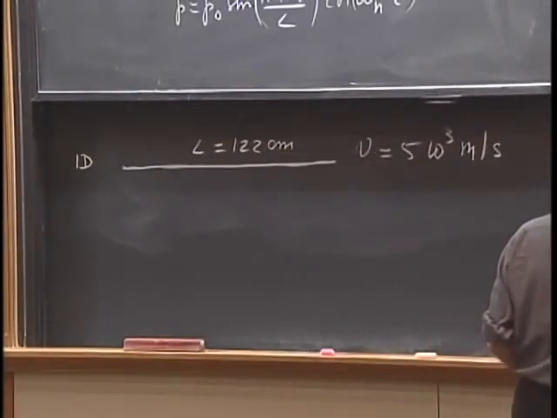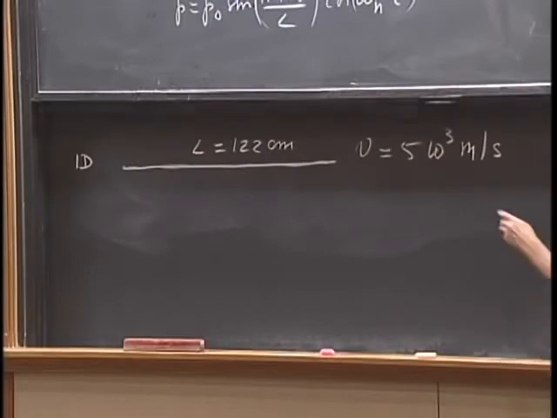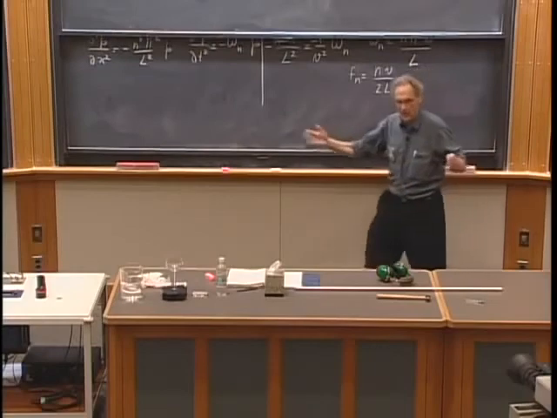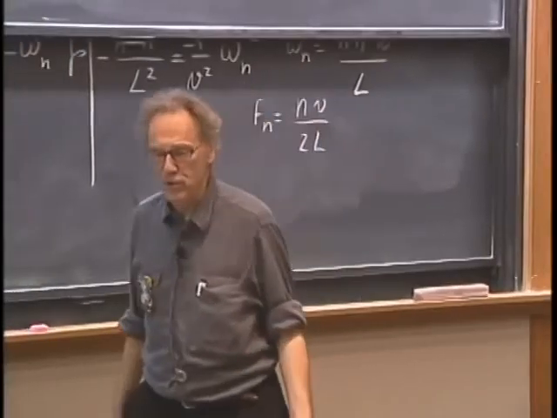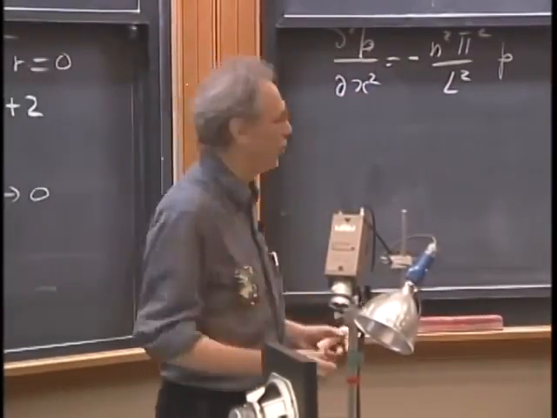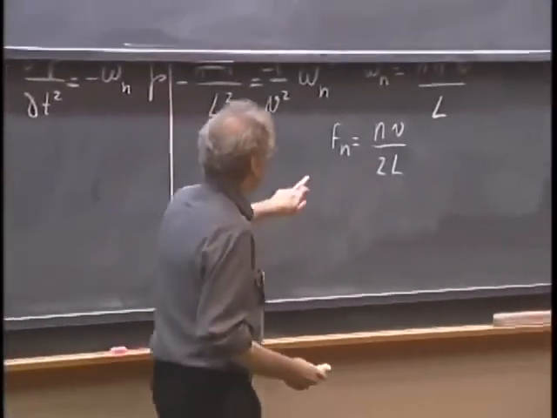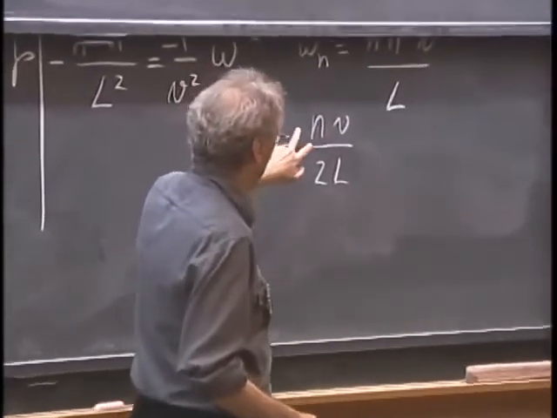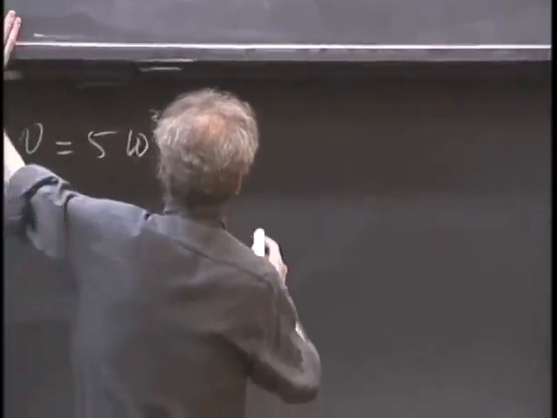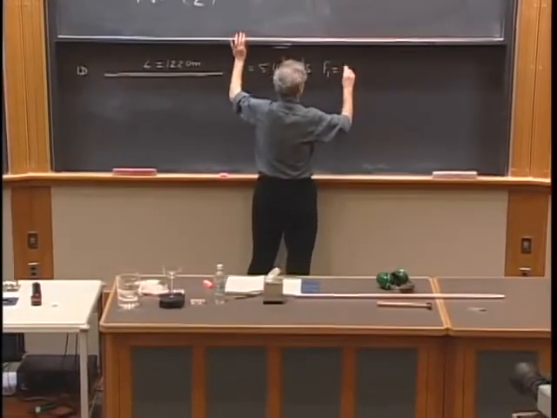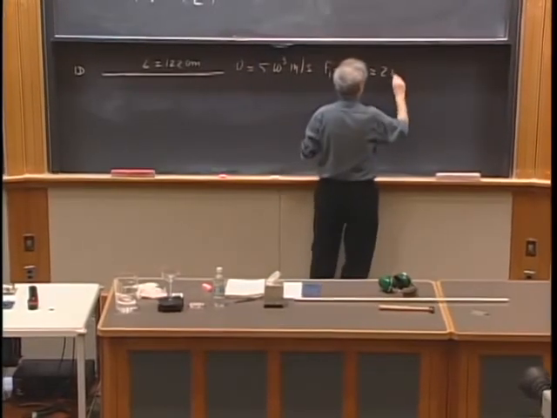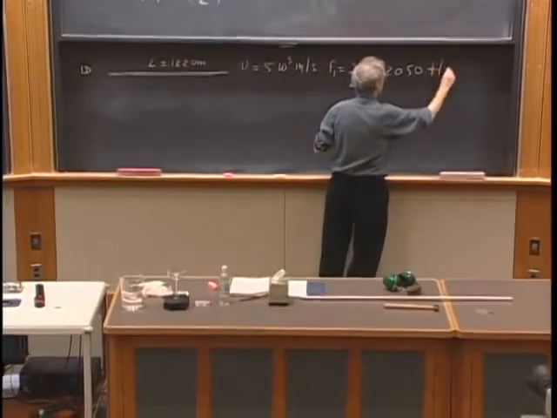When I hit that magnesium rod on the side, it wants to go into standing waves. It prefers the lowest mode. It almost always does, but it may also create second and third harmonics. And so the lowest mode, the lowest frequency, F1, is V divided by 2L, which, when I calculate it, is about 2500 Hertz.